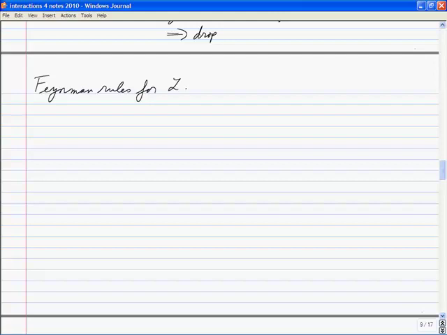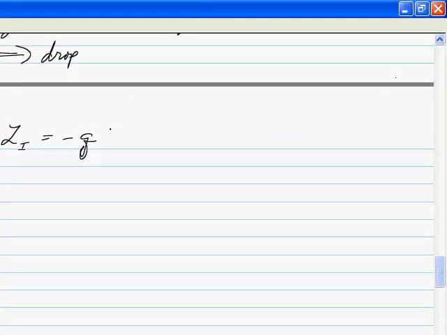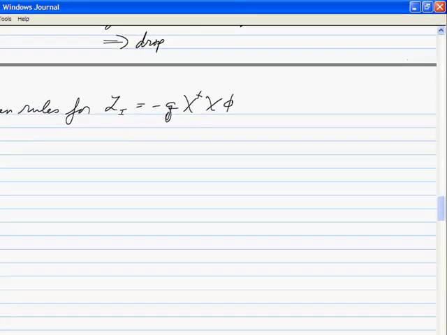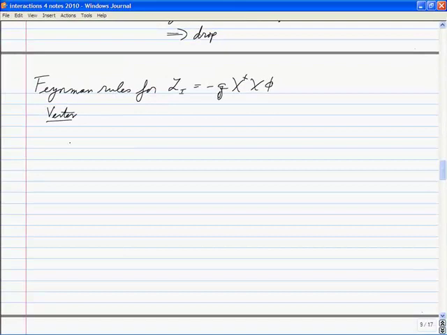Well, the other example we did, the interaction Lagrangian was minus, I think I used minus Q chi dagger chi phi. This was our toy model for QED. And the only change in the Feynman rules is there's a vertex. The vertex has a chi and the phi associated with it.